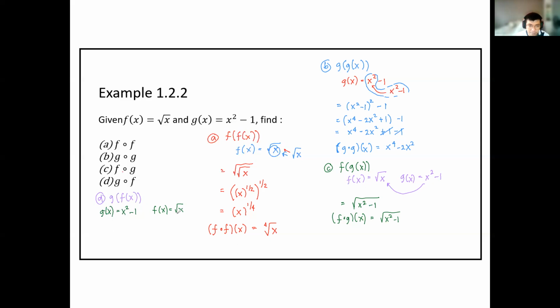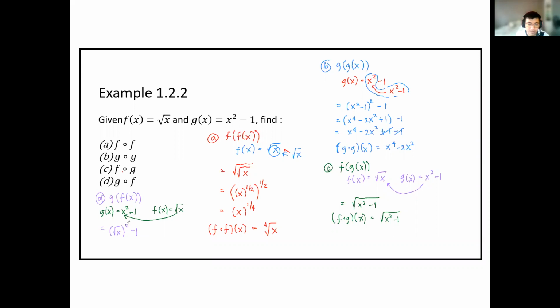So the second term, you have to incorporate it in the x of the first function. It's going to look like this. Instead of x, since we'll be plugging in the equation of the second function, it's going to be the square root of x squared minus 1.